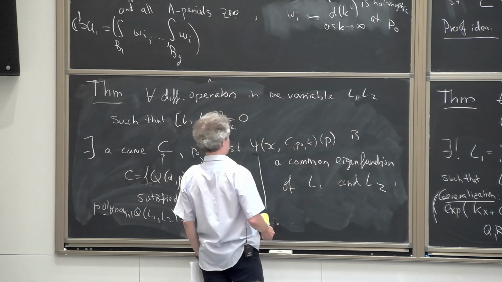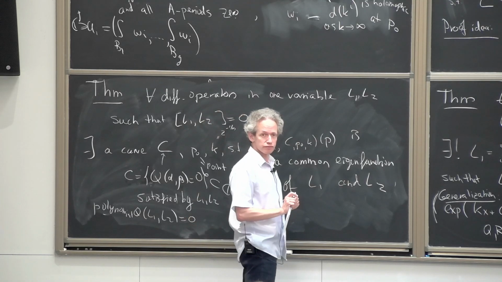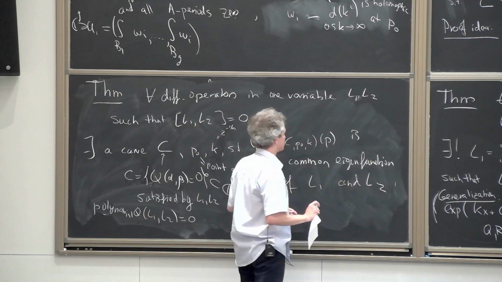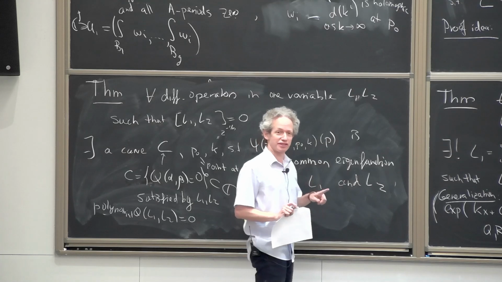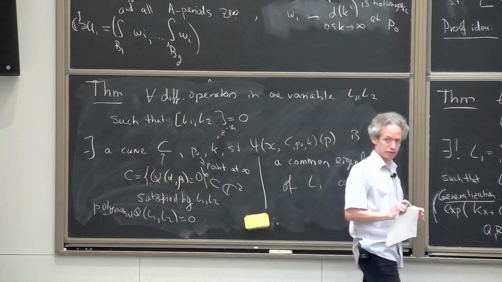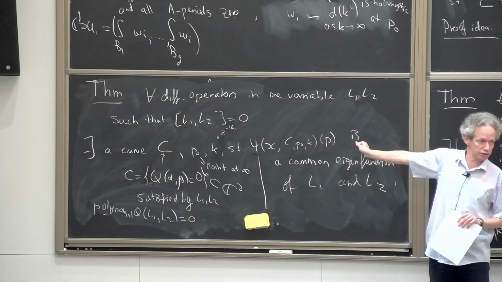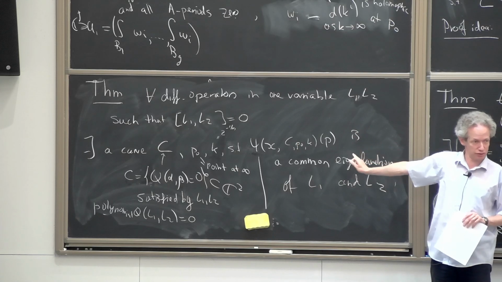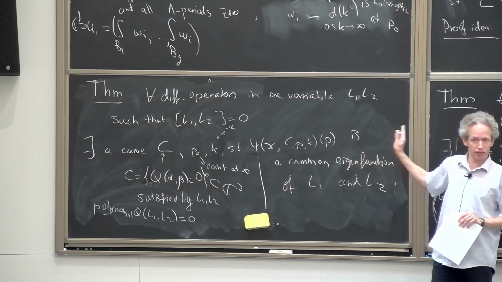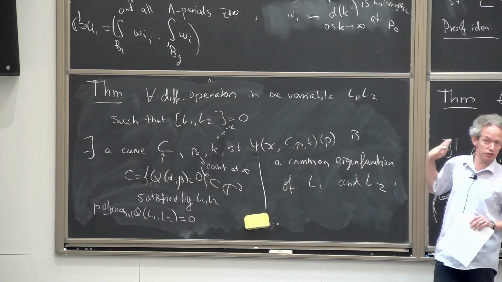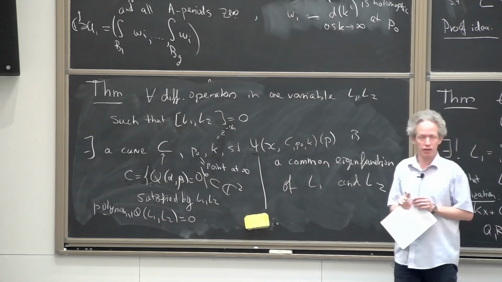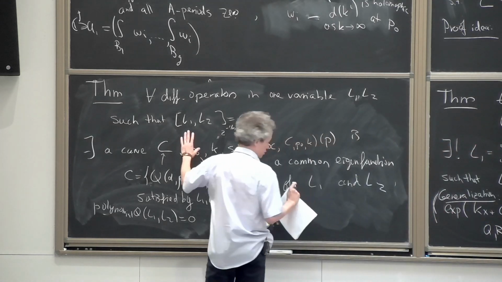I erased it because I ran out of space. Burchnall-Chaundy I proved in the first lecture. So the orders are supposed to be co-prime for this to hold. Otherwise, you have to modify the statement somewhat. I will ignore this issue. For me, the only case that matters is orders 2 and 3, which are certainly co-prime. The issue of singularities of the curve C I will also ignore.